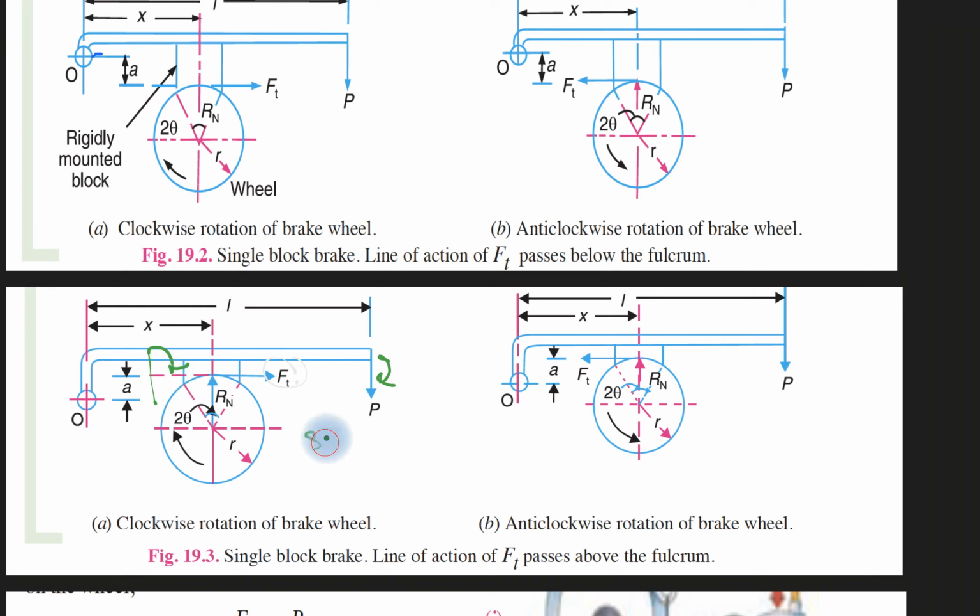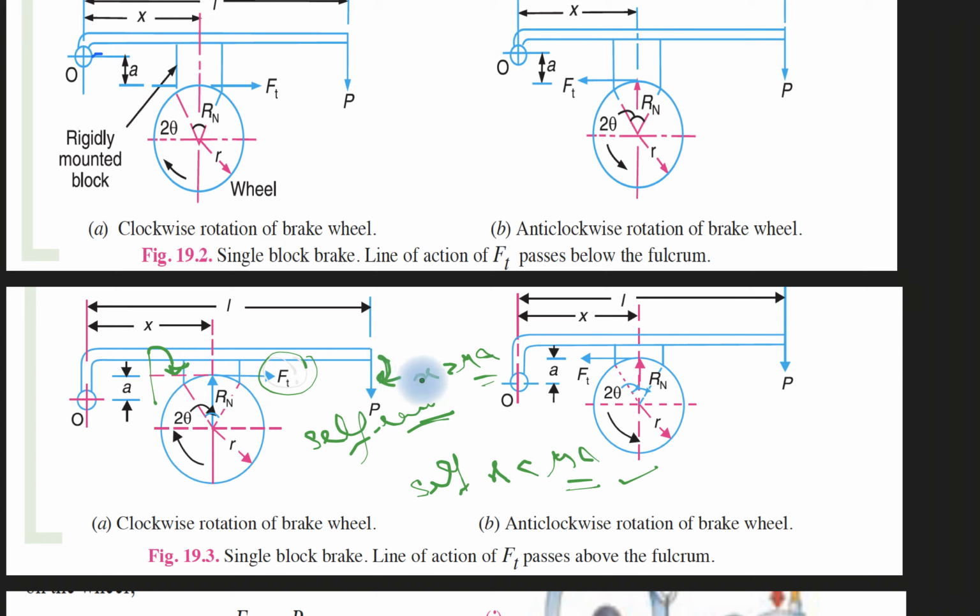So this is self-energizing. For the self-locking condition, X should be less than mu A. So this is the condition for self-locking. And self-energizing means X should be greater than mu A, and the moment of Ft should be in the same direction as the applied force.